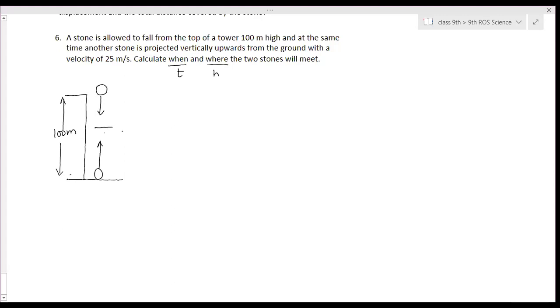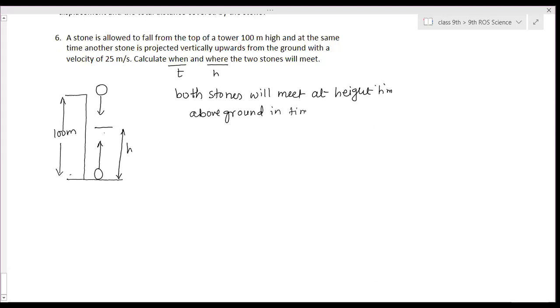So suppose they will meet at height h from the ground and in time t. Both stones will meet at height h meters above the ground in time t seconds.